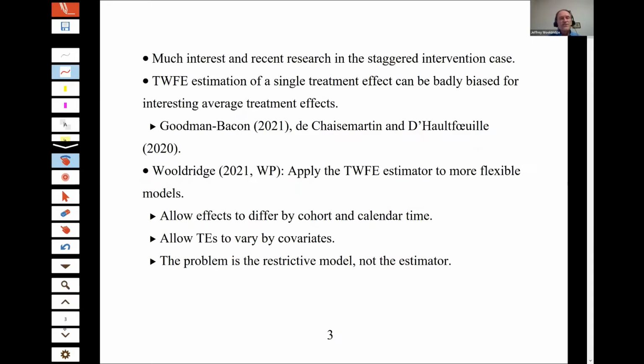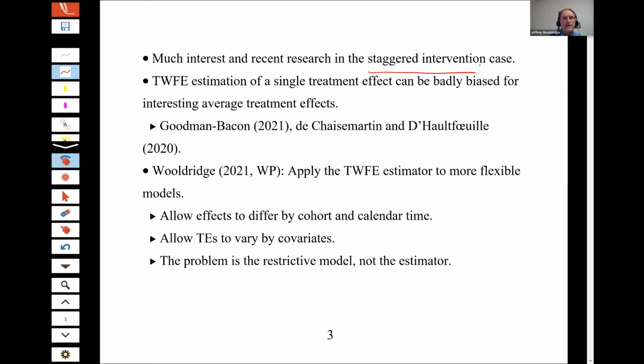In this name, difference in differences, I have to say I don't particularly like it because it has led to lots of confusion among researchers who try to take a more complicated setting where they may have an intervention which is rolling out at different time periods.